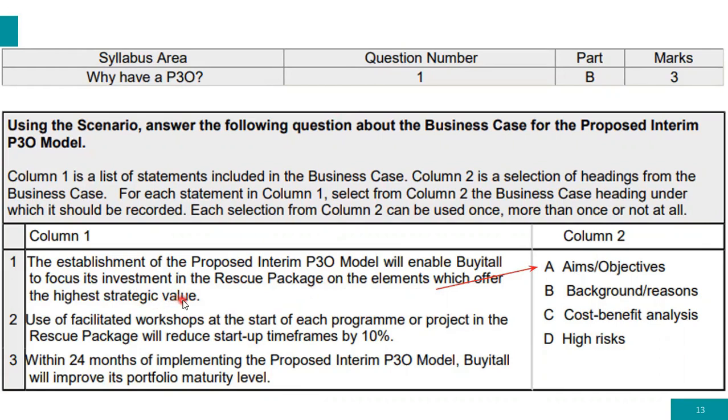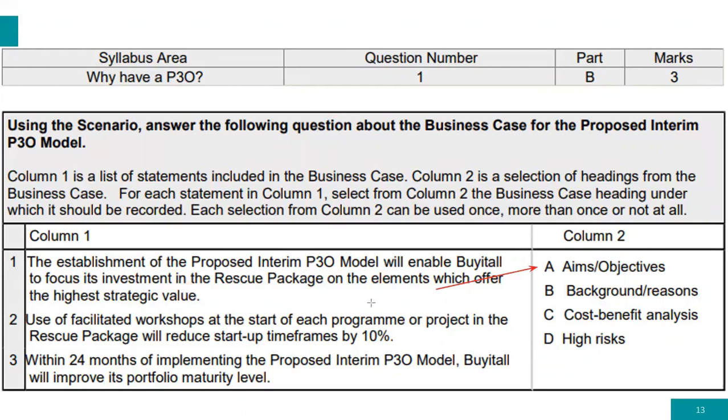Now, this is more a very high level objective of why we would need to have this P3O model in place. So when we create a business case, we need to have objectives in terms of what we would like to accomplish. This fits into that particular heading. So number 1 would be A, which is more an aim and objective.